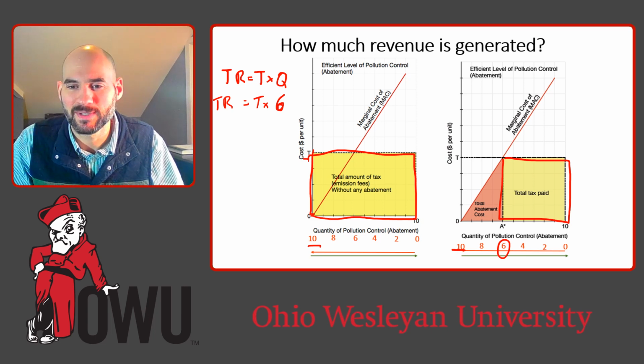square, and the total abatement cost is going to be the area underneath the abatement cost curve for the total units abated, which is going to be 4.